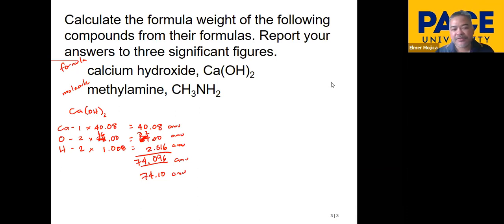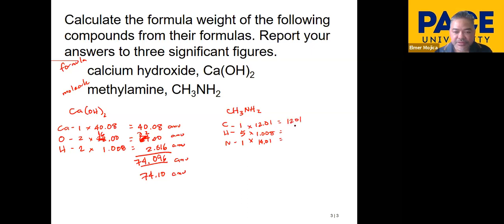Okay. Now for the other one, this is methylamine. All you need to do is line them up again. So you have carbon 1. Hydrogen is 3 plus 2, that's 5. And then nitrogen is 1. So this is 12.01, 14.01 for nitrogen, and 1.008.